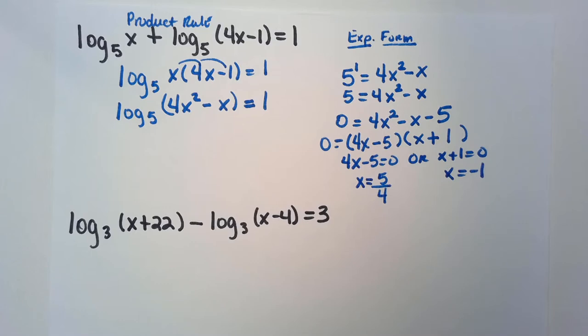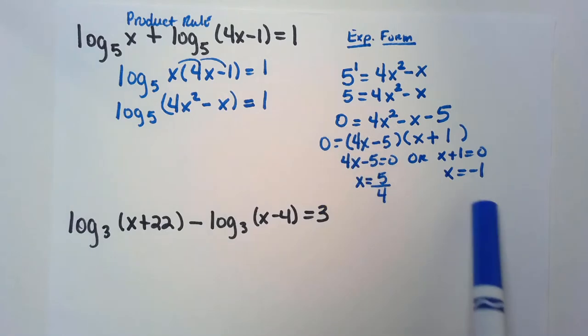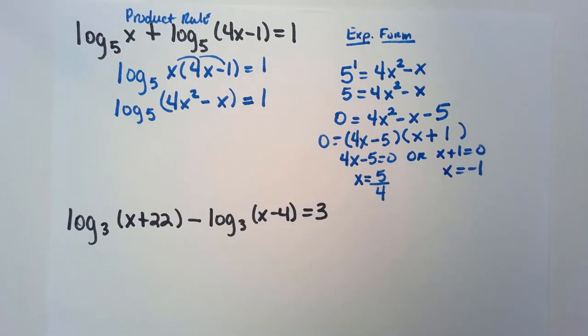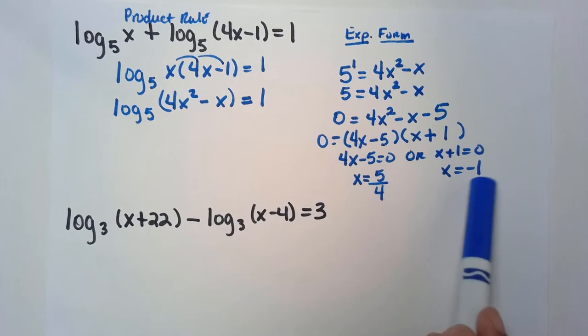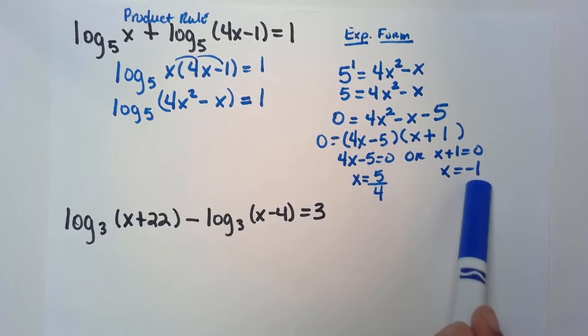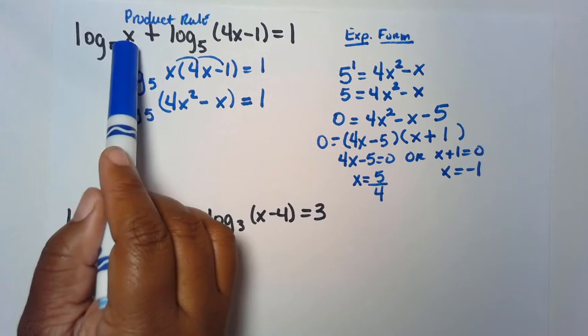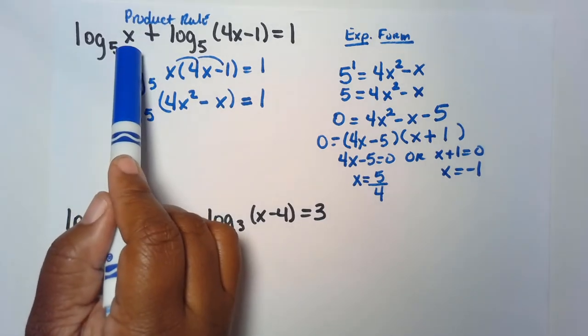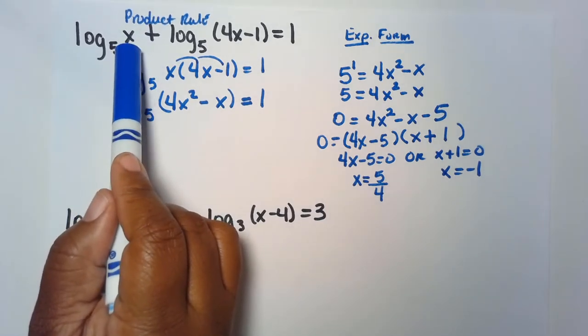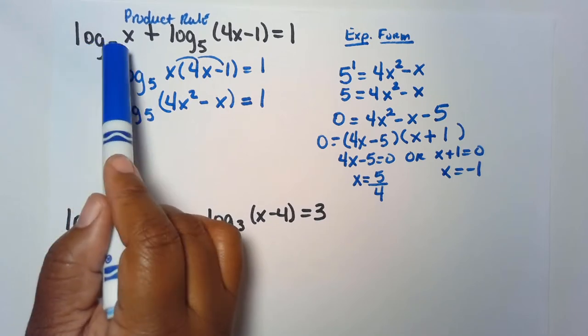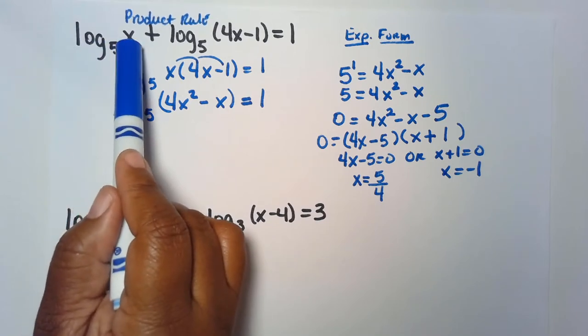All right, so we need to check our work. Okay, now if we go back, let's start with negative 1. When I plug negative 1 back into the equation for x, we have log base 5 of negative 1.